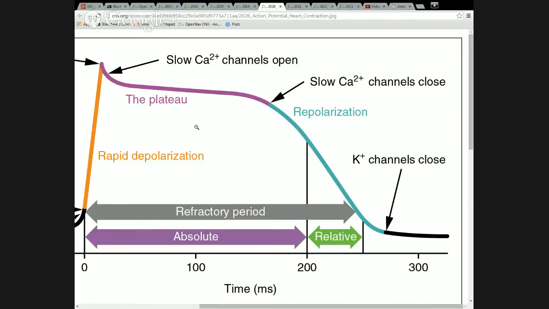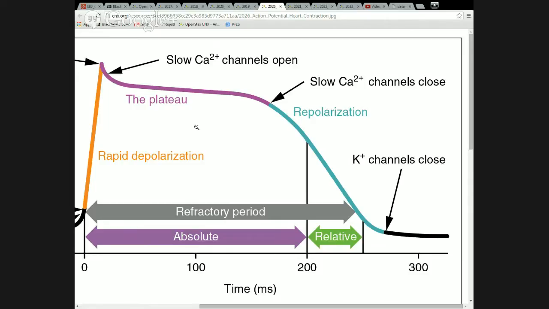What are muscle cells about? What's their job? They contract. Why do they contract? To create movement. Okay, why is kind of a vague term, I suppose. They contract to create movement, but why does contraction take place in that cell?